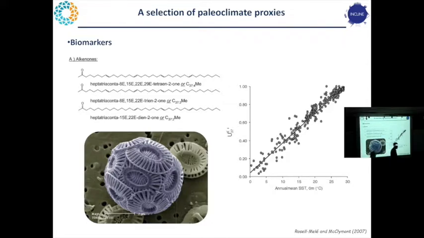In the first part of this talk, we covered the justification, the importance of paleoclimate archives, the main paleoclimate archives, and some of the main proxies used in paleoclimatology / paleoceanography.